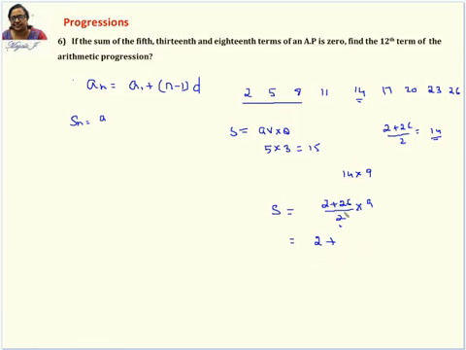I consider this 2. So this 14th term, when you consider, is going to be A1 plus n minus 1 d. That is 2 plus 14 minus 1 into 3, and this whole divided by 2. So when you divide by 2, this is going to be 4 plus 39.